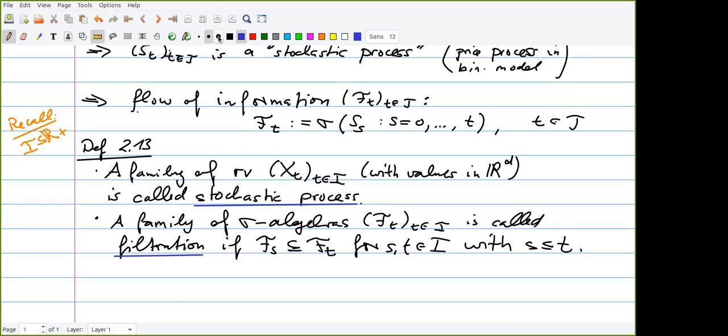And another notion which will be omnipresent in our lecture is the notion of adaptedness.